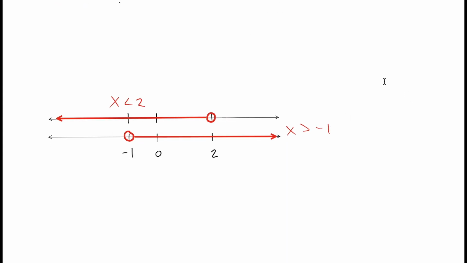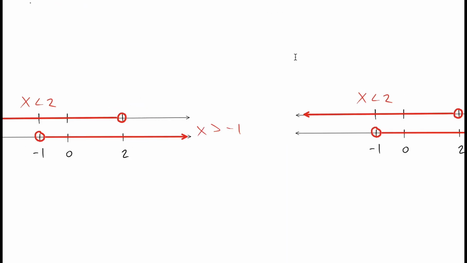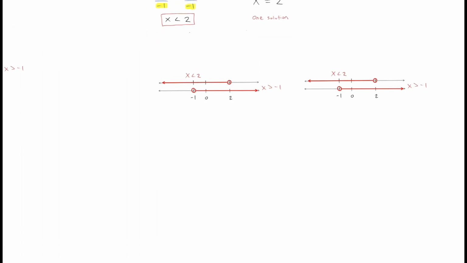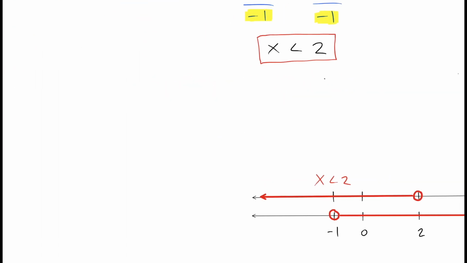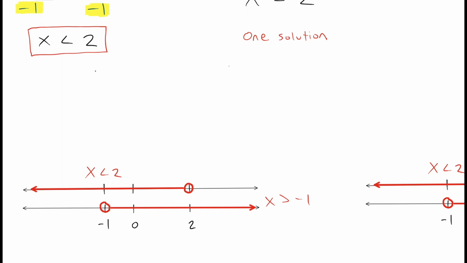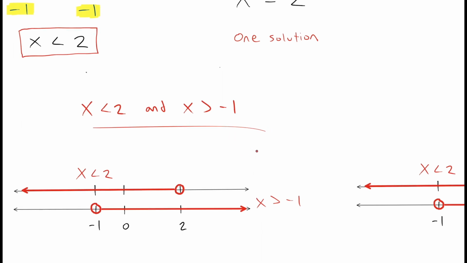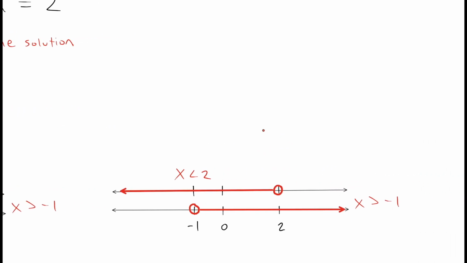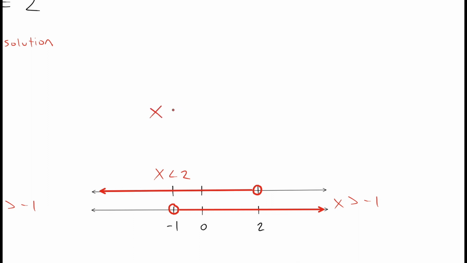Okay, so I'm going to do 2 different scenarios here. One of them is going to be involving an "and". So let's say I was asked to do x is less than 2 and x is greater than -1. That's actually what we were asked for in this part of the problem. But I just want to compare that to what I would do if it was x less than 2 or x is greater than -1.